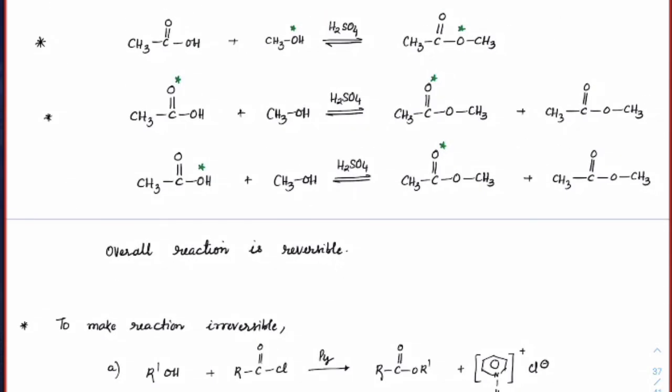So if you see this case here, this O will definitely be found in the product, right? So you can see that. So that's why if it is an isotopic oxygen, it has to be there on the product.